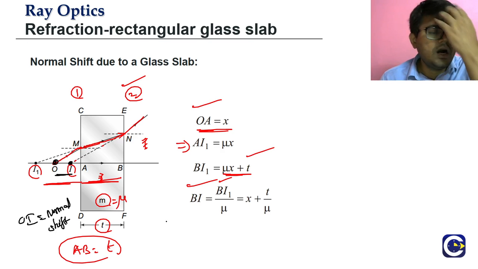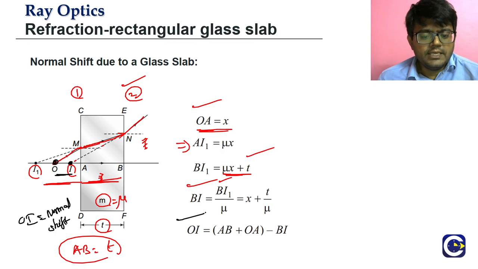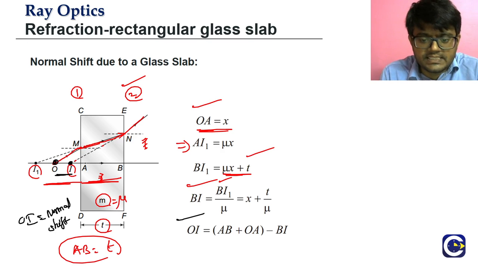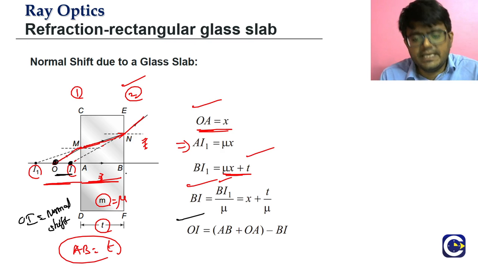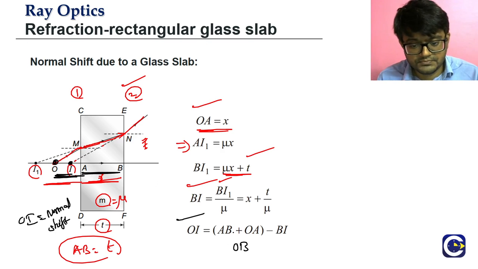Now let us see how we get this OI value. This is a little bit of a mathematical simplification that we are doing in terms of the distances. OI can be expressed as OB minus BI. OB, further, we are writing as AB plus AO.